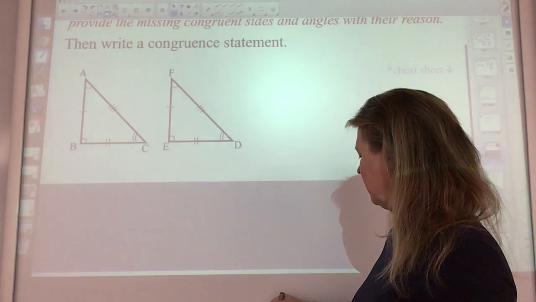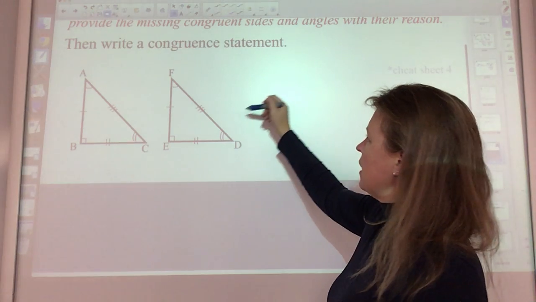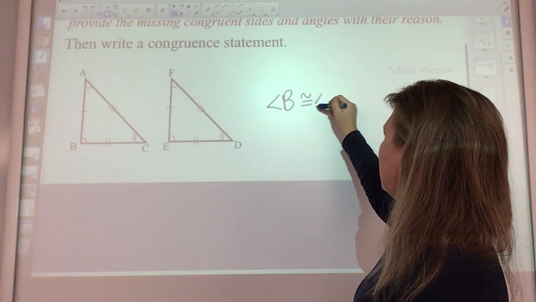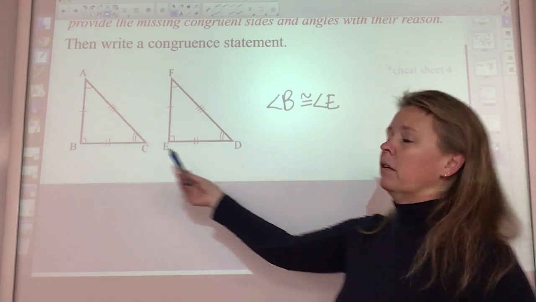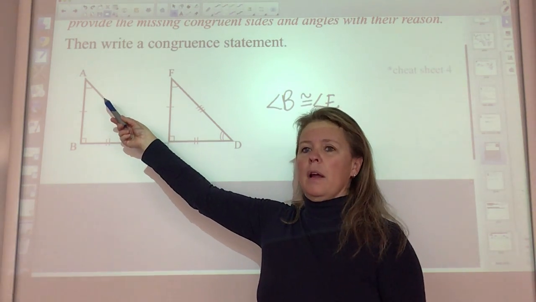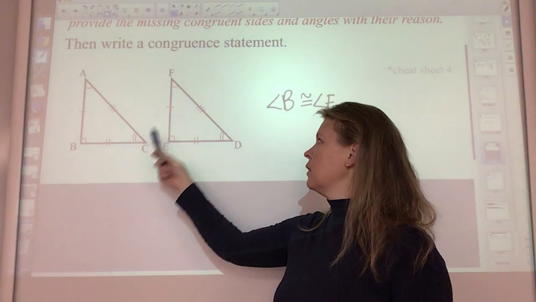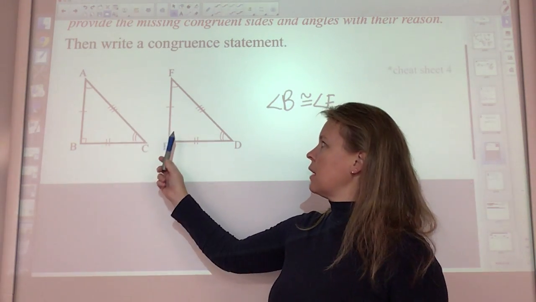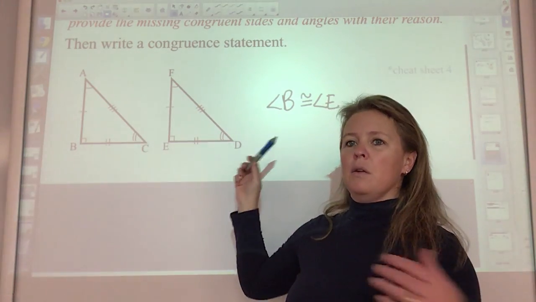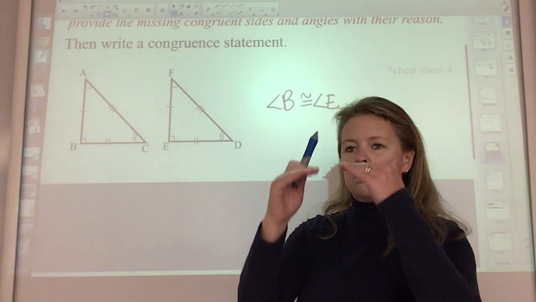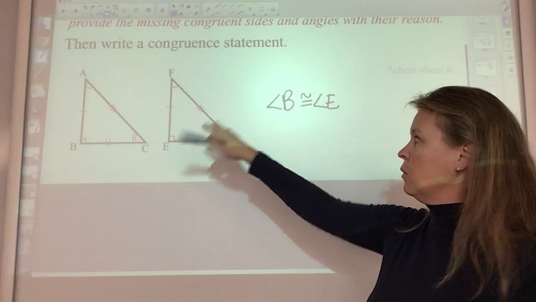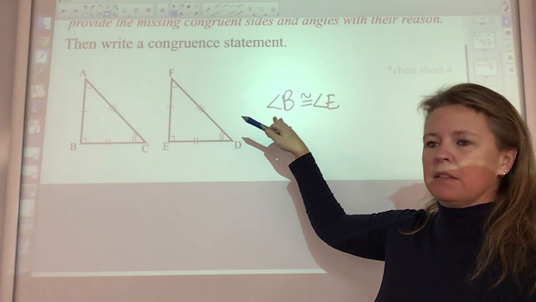Because we still need to point out the missing congruent statement: angle B is congruent to angle E. Now, if I were a stickler, which I am sometimes, but I'm not going to be this time, I would make you write angle A is congruent to angle F, angle C is congruent to angle D, segment AB is congruent to segment FE, segment BC is congruent to segment ED, segment AC is congruent to segment FD, and you'd have 5 congruence parts listed, and this would be the 6th on the list. I'm not going to make you write them all down. You can see them. Here's the 6th piece of missing information.